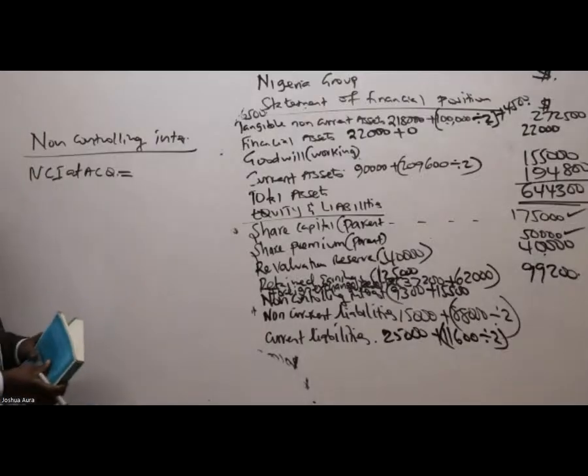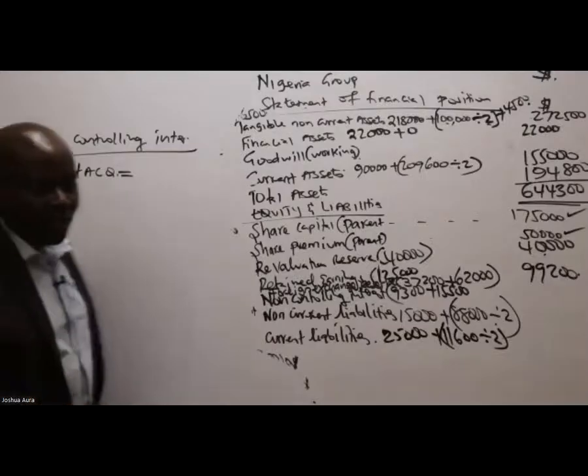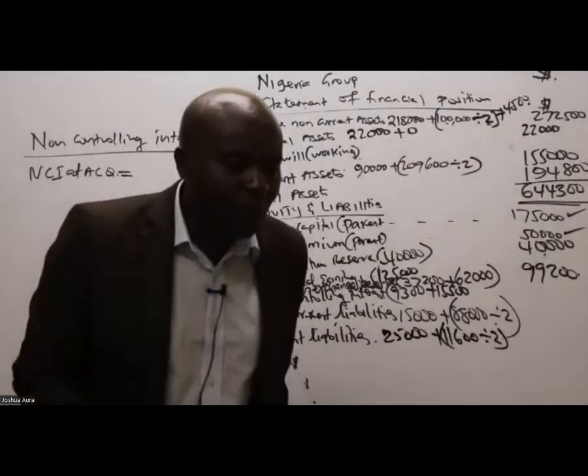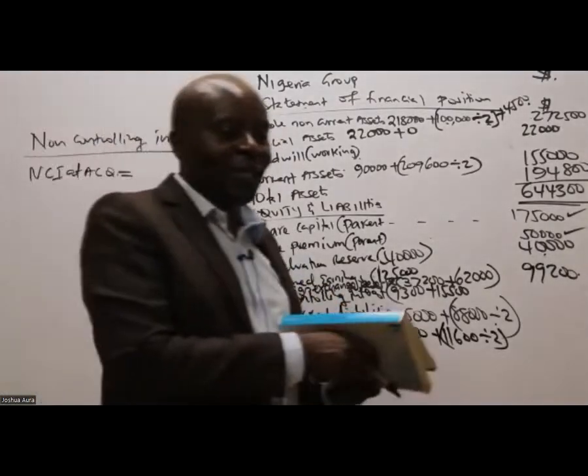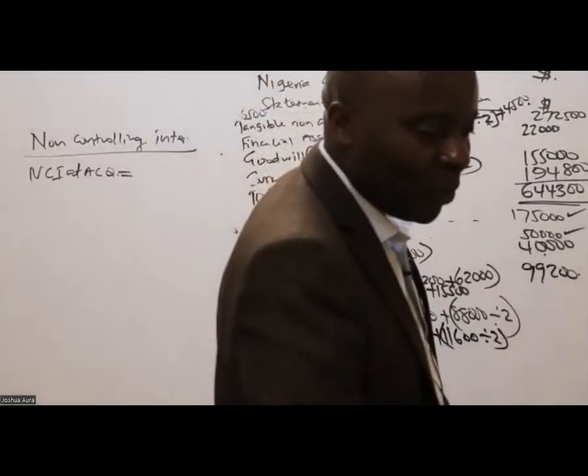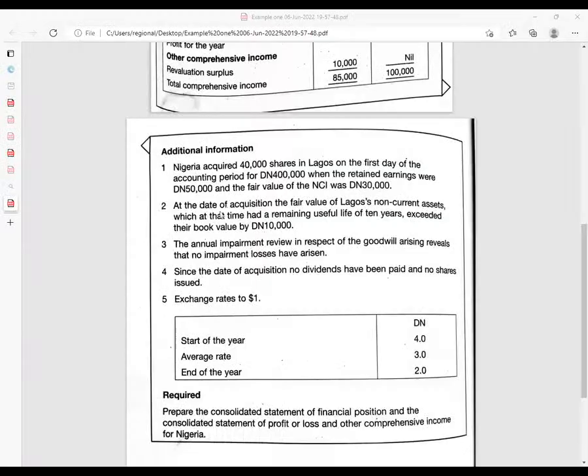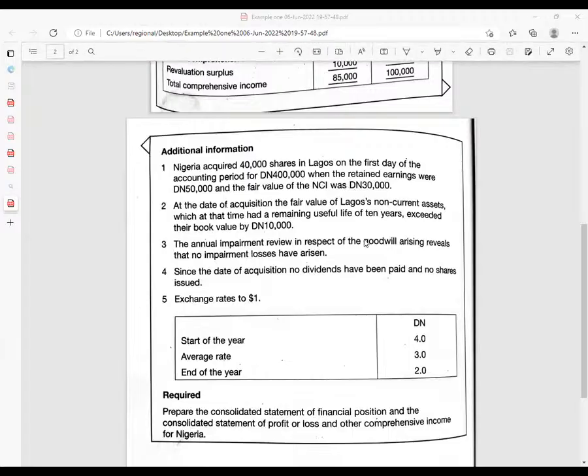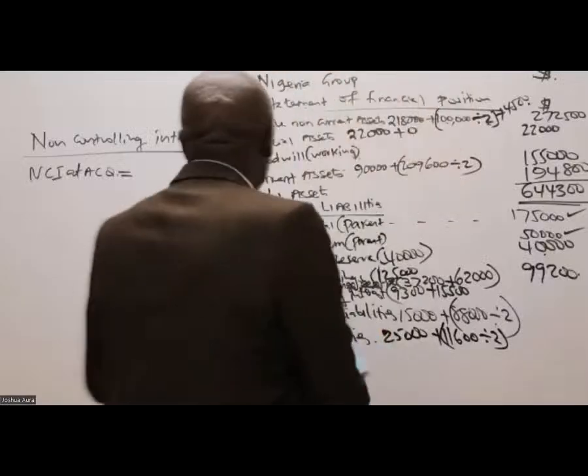NCI at acquisition is here. It is 30,000, the fair value at acquisition. Is that not true? NCI at acquisition is 30,000.